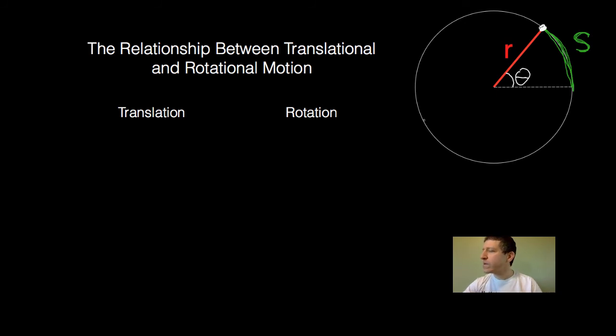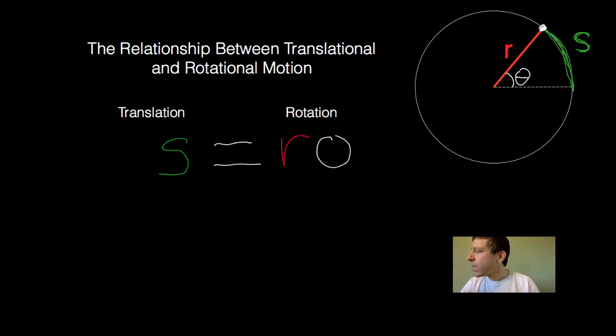So here's how we express this. The translational distance that it travels, s, is equal to r times theta. Whatever theta is, you just multiply that by r and you get how far it's traveled in an arc.